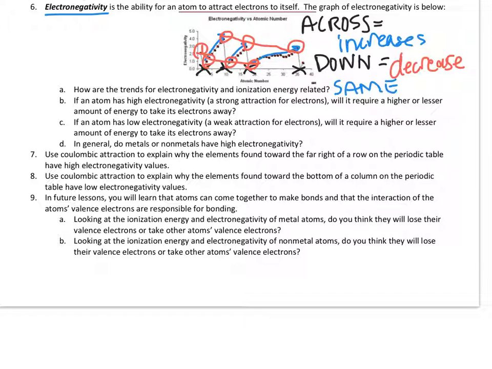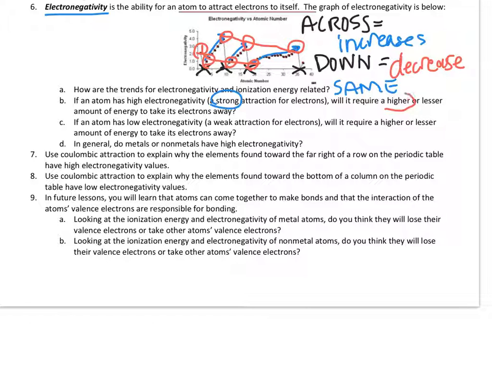6b says if an atom has high electronegativity, a very strong attraction for electrons, will it require a high or low amount of energy to take away its electrons? Well, think about it. If it's very strong, like a big, huge magnet, is a big, huge magnet going to require a strong pull or a weak pull? Okay, it should require a stronger pull, right?